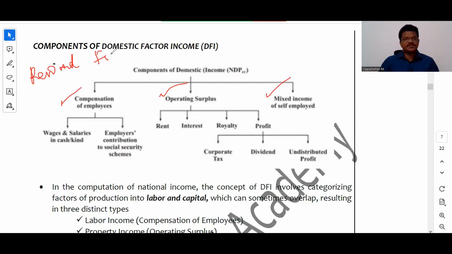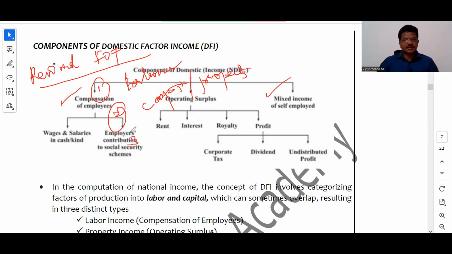of factors of production in an economy can basically be divided into two categories. One is related to labor income, and another one is related to capital income, or you can say property income.